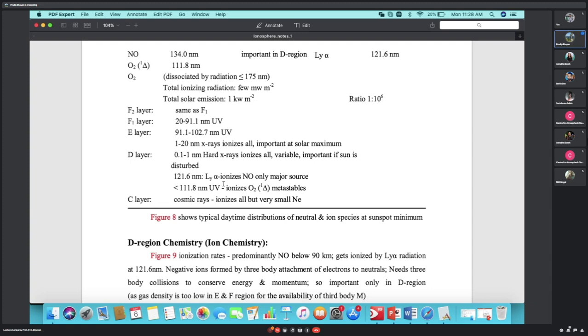Even in the E layer or D layer also, definitely. In the D layer, actually, you will get many negative ions, and D layer chemistry is very complicated.